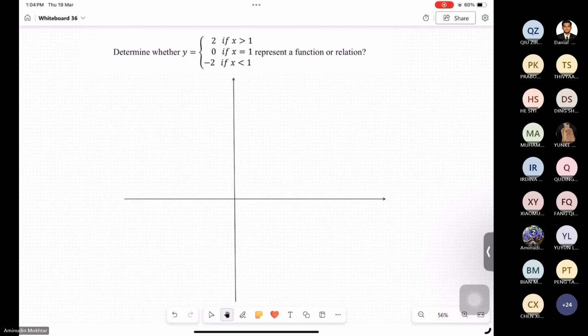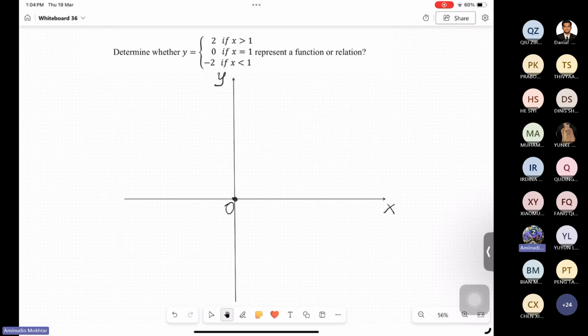Normally we will write these as x and y. The intersection between these two axes is the origin point, the titik asalan, where x equals 0, y equals 0.